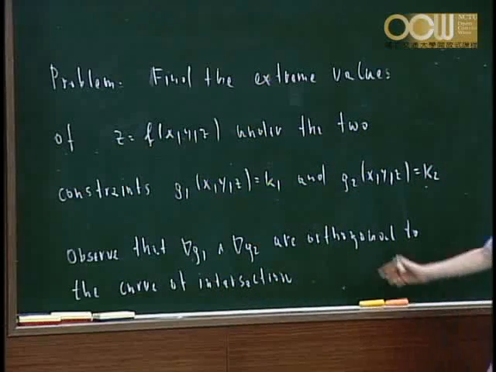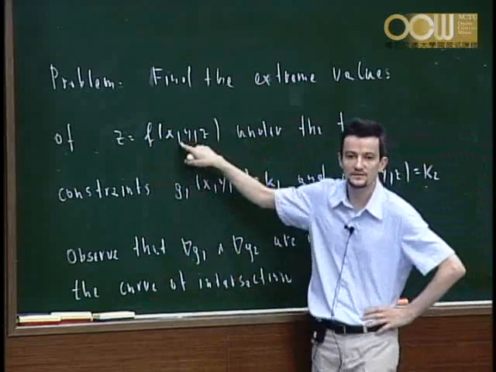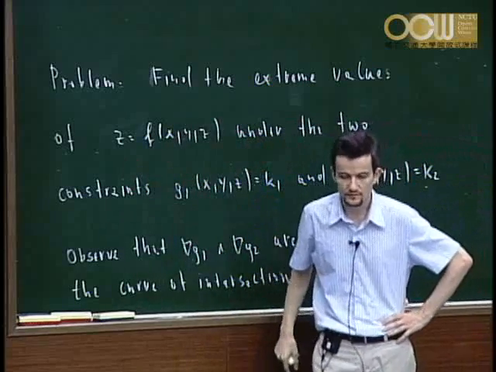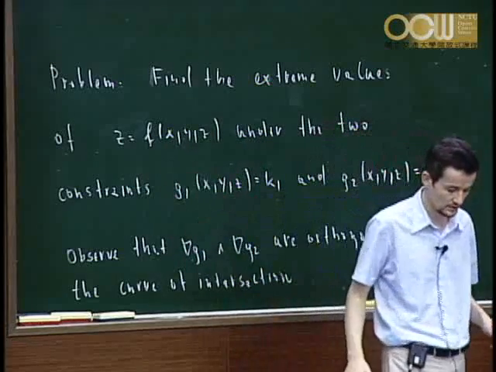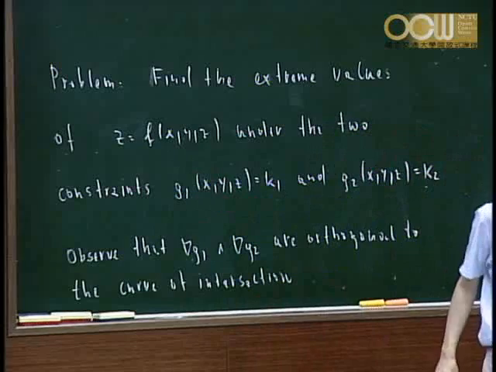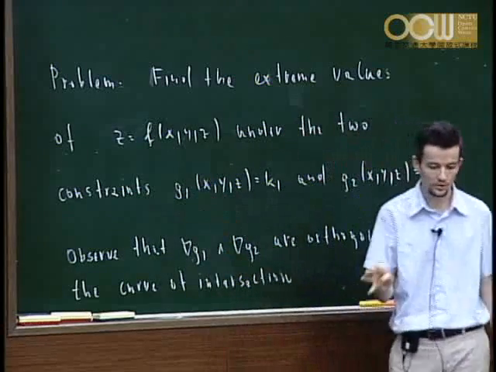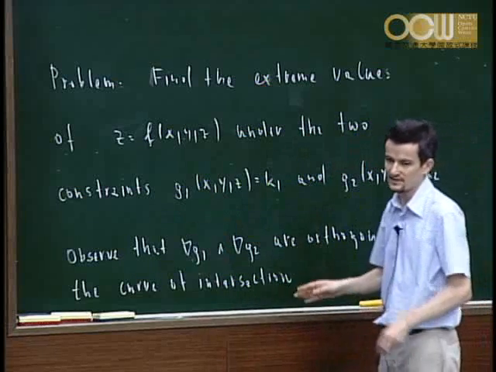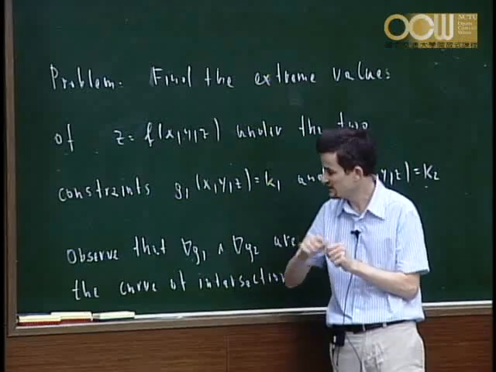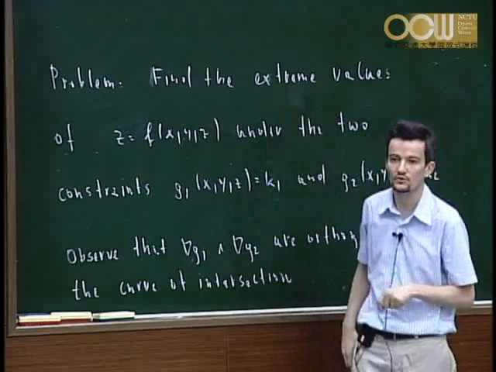Because you parameterize the curve of intersection, plug this in, use Fermat's theorem, and you see that the gradient must be orthogonal to the tangent line. So you have three vectors, the gradients of G1, G2 and f, which are all orthogonal to the tangent line at a point where an extreme value occurs.